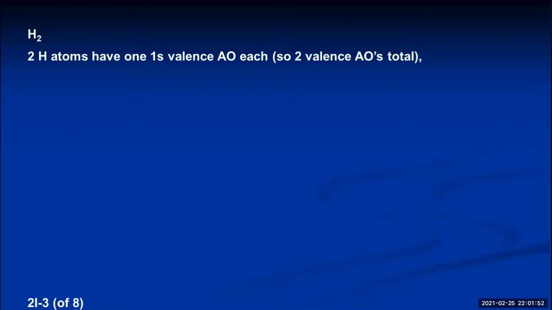Just restating, two hydrogen atoms have one 1s valence atomic orbital each, so you're starting with two valence atomic orbitals altogether, and you're going to end with two valence molecular orbitals. So the H2 molecule must have two molecular orbitals in it. We're going to see where those come from.